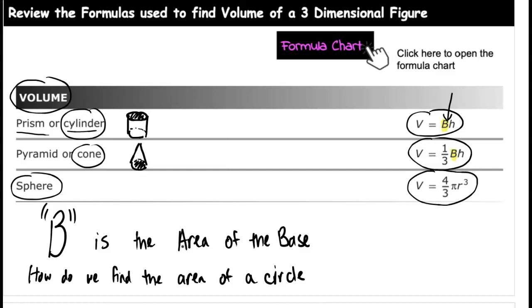So if we're having to find the area of the base, that means we're having to find the area of a circle. In your formula chart, you're going to find that there's a formula for the area of a circle, which is area is equal to pi r squared. So this is exactly how we find the area of the base when we're trying to find the capital B value in these two specific formulas. That is something that we need to keep in mind.